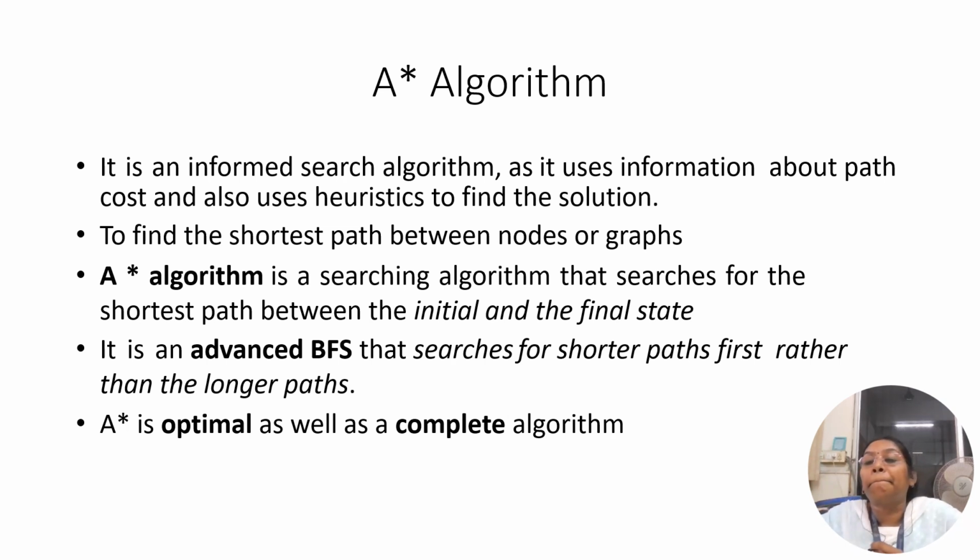Unlike uninformed search algorithms, A star uses heuristic information, that is, knowledge based information about the problem, which guides A star to make the search efficient while it traverses from one node to another.